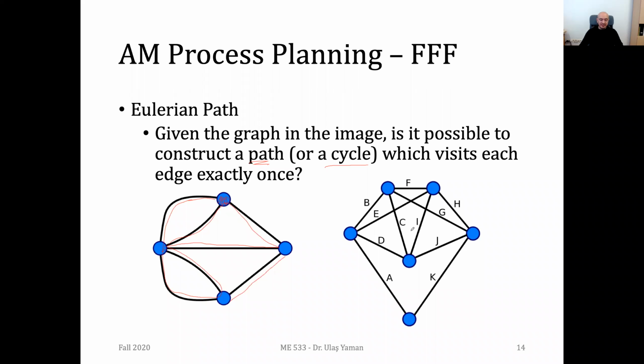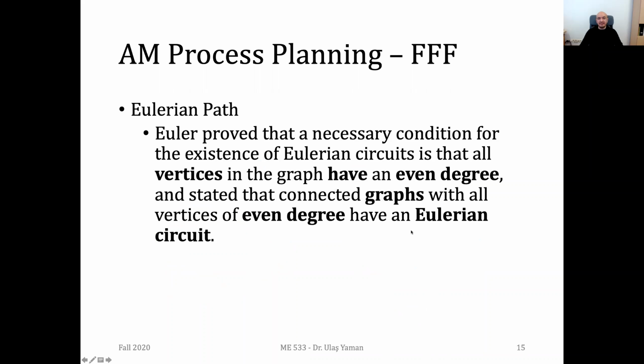Actually, Euler has a theorem about this one, and it's named as Eulerian path. It states that you can have an Euler path if the vertices in this graph have an even degree, which means that at each vertex you should have an even number of edges coming out of it, 2 times n edges going out of this vertex.